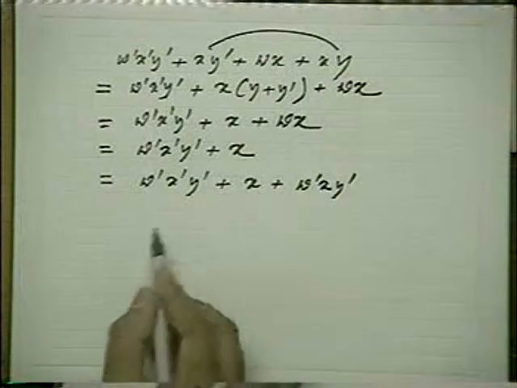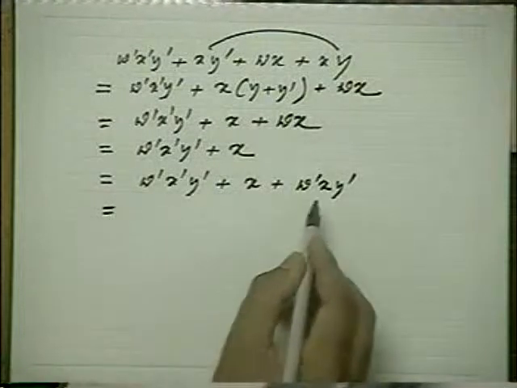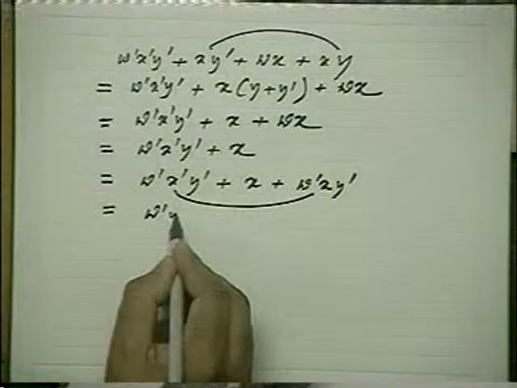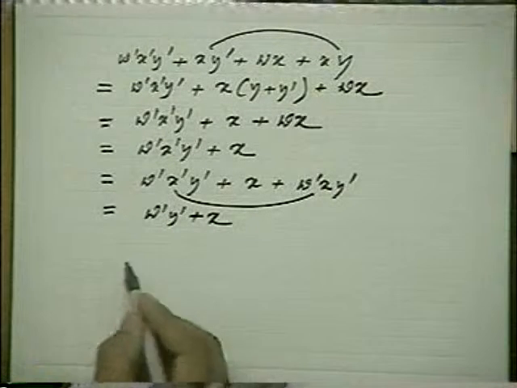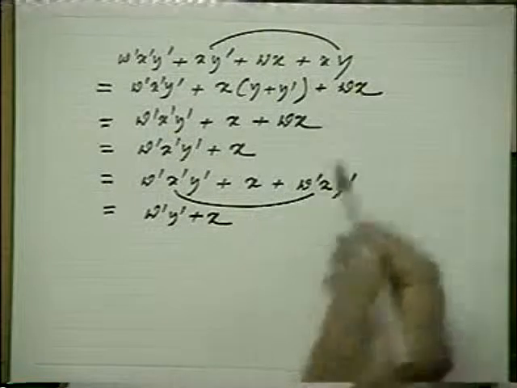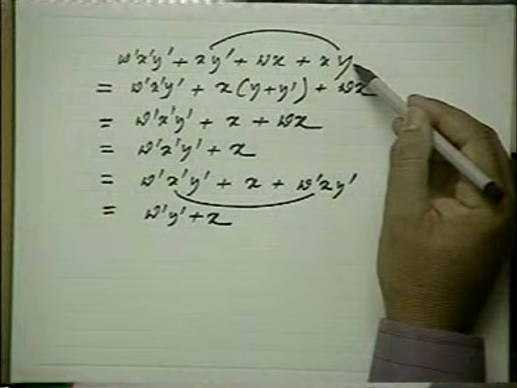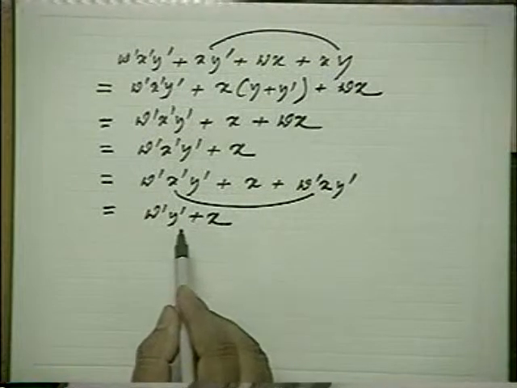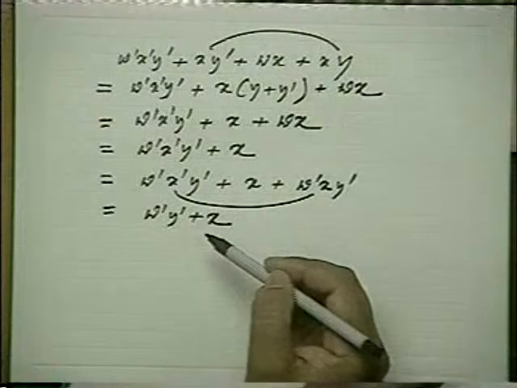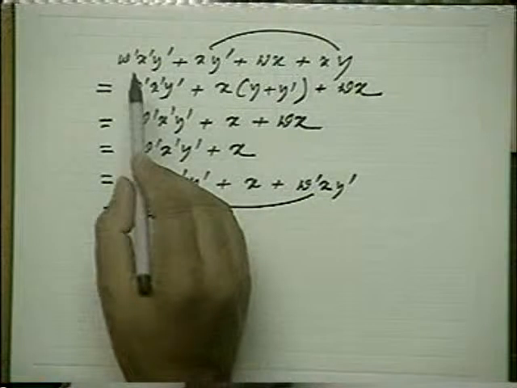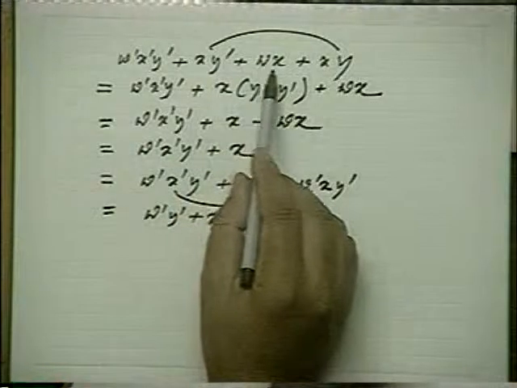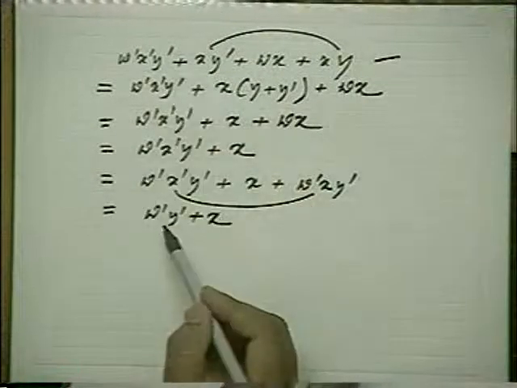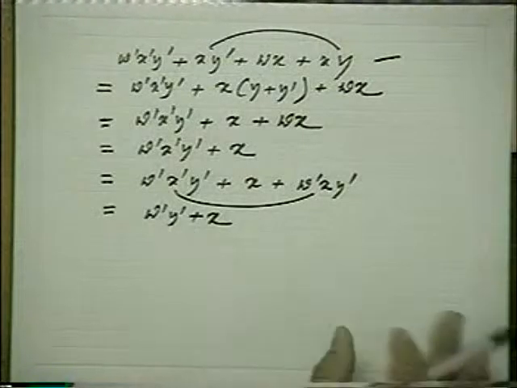Therefore, taking this and this, I can have w bar y bar plus x. Therefore, you can see that I have converted this expression, w bar x bar y bar plus x y bar plus wx plus xy, into another expression which is equivalent.